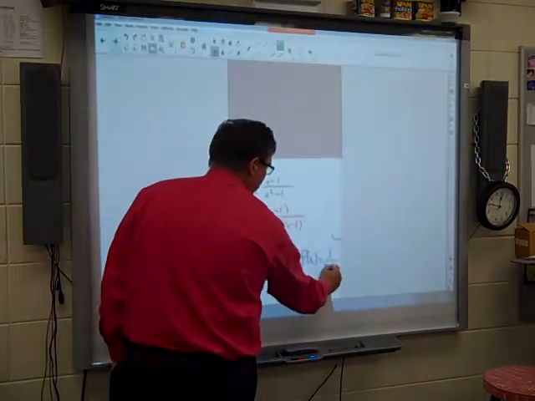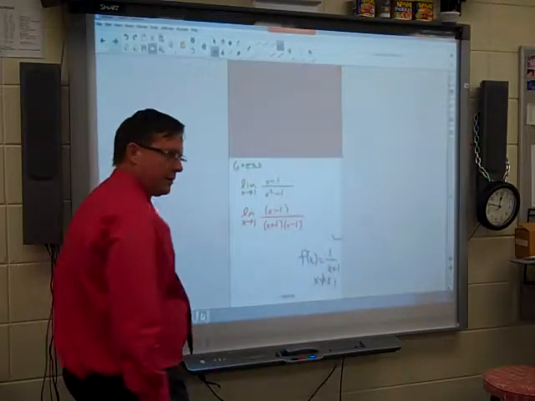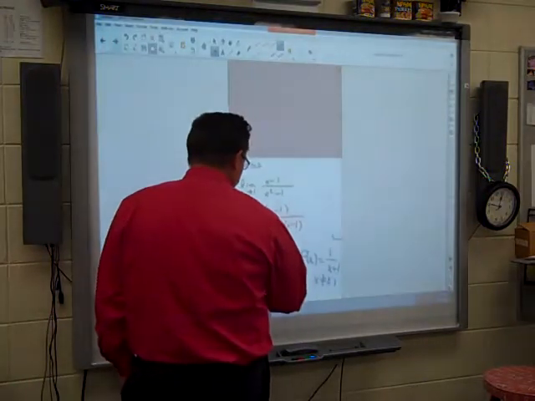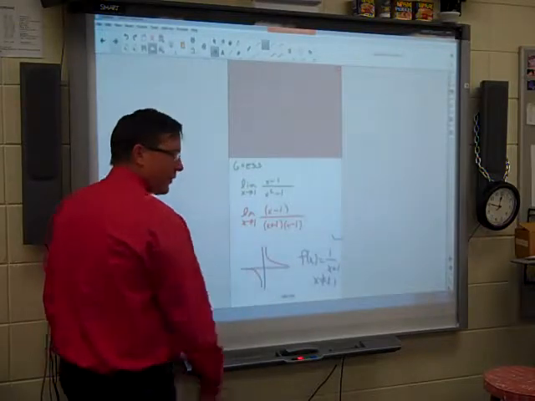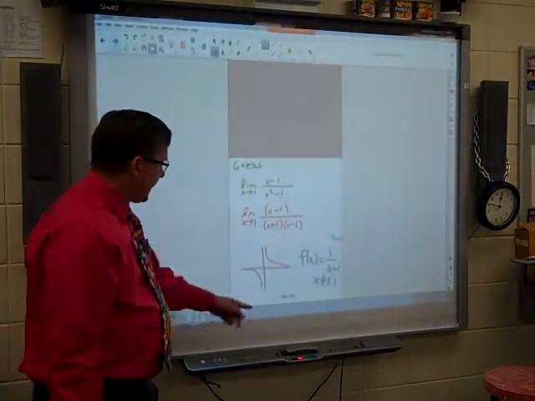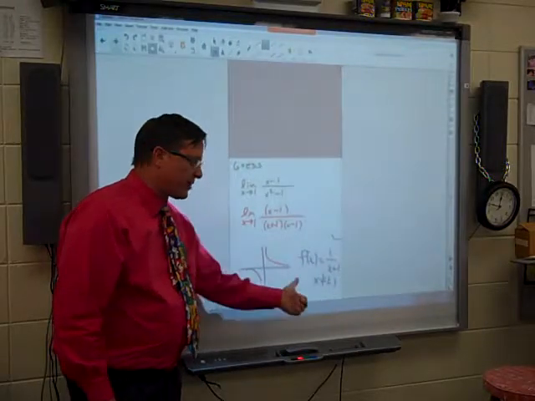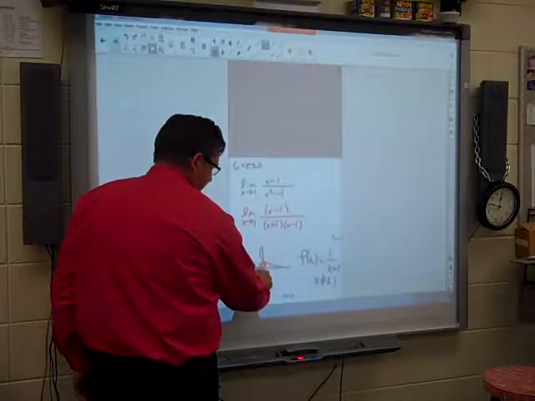It's 1 over x plus 1, and x cannot equal plus or minus 1. Do you agree? So this is a rational function off our mother function 1 over x. Here's our mother 1 over x function. And since we have this x plus 1, I'm going to shift it 1 to the left. Do you guys agree?